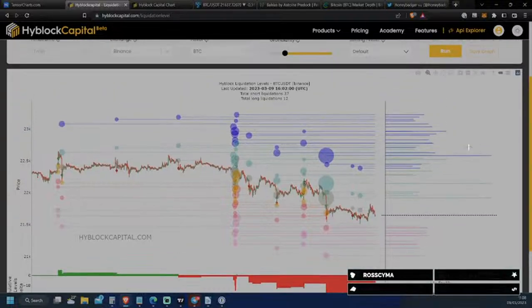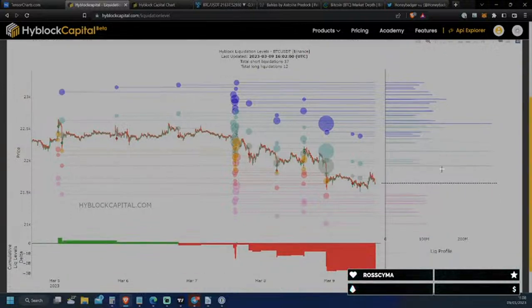But as you can see, the biggest liquidity pool when looking at the liquidity profile is here. We've got over 200 million on this big bar, which is where the magnet effect probably is, where it's going to draw the price to, especially if we start getting some momentum.